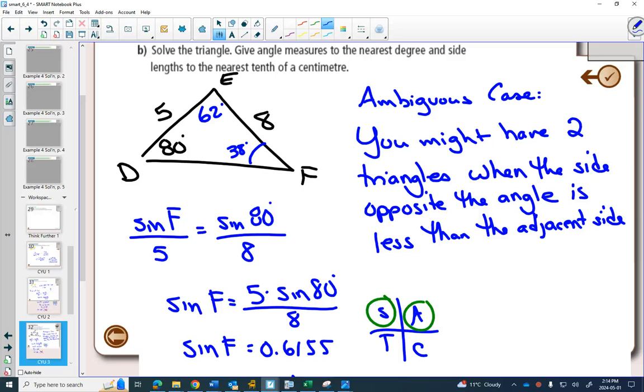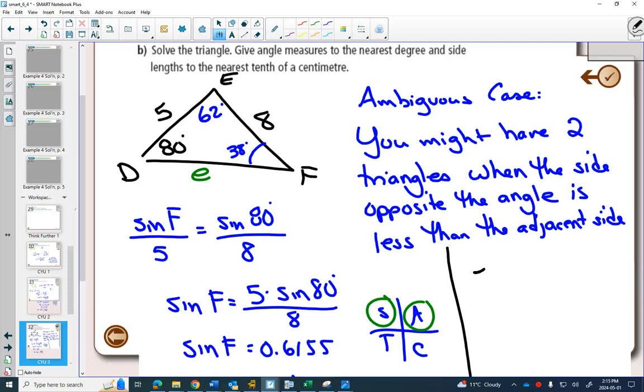And if I wanted, well, and I do because the question says solve the triangle, we also need to find little e. Now I could do the sine law again. I can't use a squared plus b squared equals c squared, because that only works with a 90-degree angle. I can't use SOHCAHTOA. But I could use my sine law again this time, and I'm going to do it over here so you can still see.